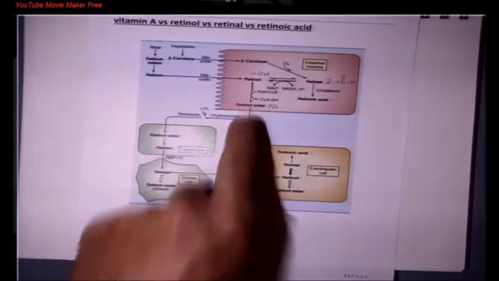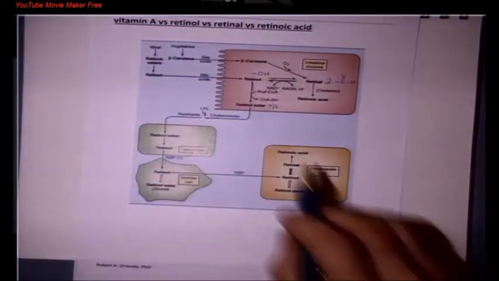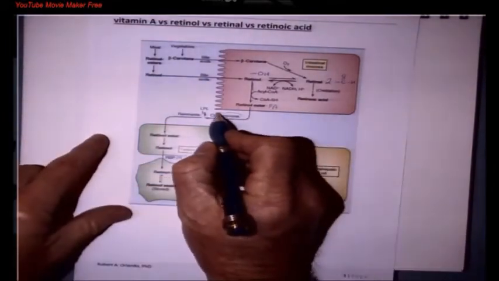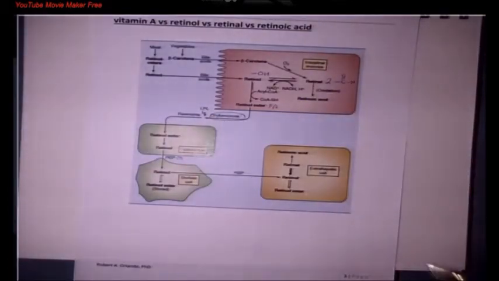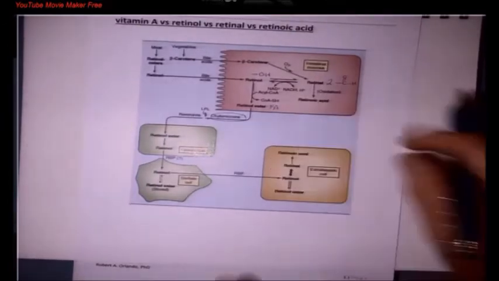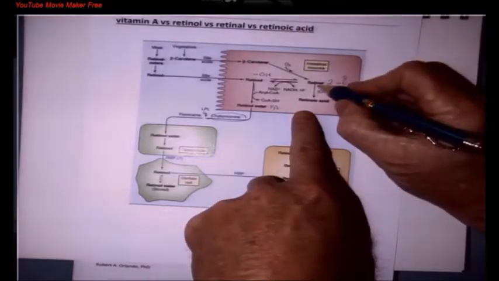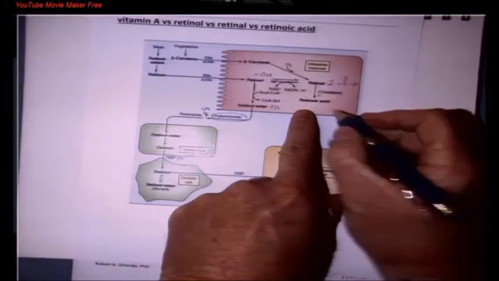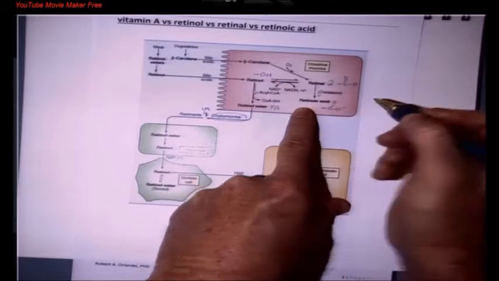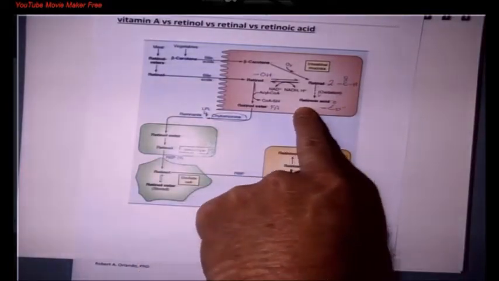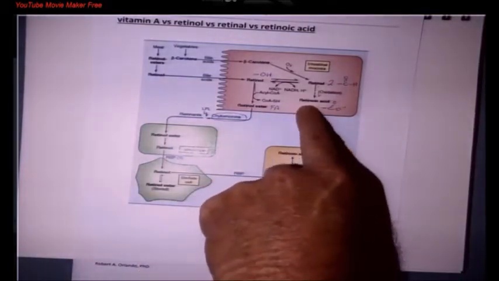And again, remember it's fat soluble, so we're going to package this into a chylomicron. The chylomicron will be the carrier for the retinol structure. Now you'll see here, with the dashed line, a small amount of the retinaldehyde is converted into retinoic acid in the intestinal cell. We'll see in a minute what retinoic acid is important for.